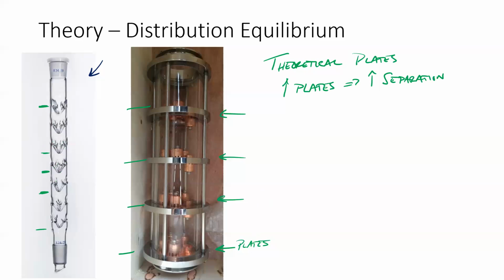In theoretical plates, each theoretical plate is in a different location because it just depends on what you're running. And if you change mixtures, that same column might have a different number of theoretical plates, right? Those theoretical plates might be in different positions. And so this idea of theoretical plates is different for each system.